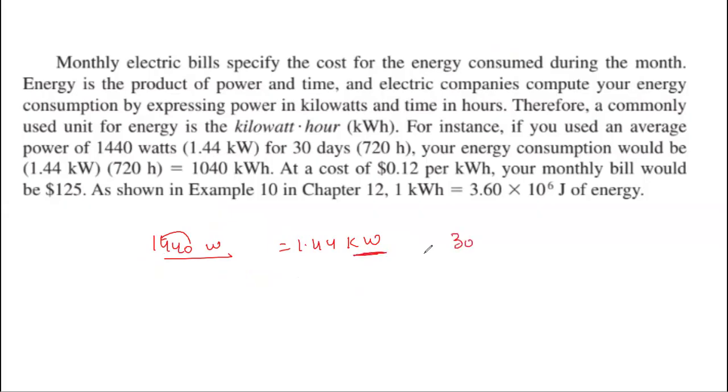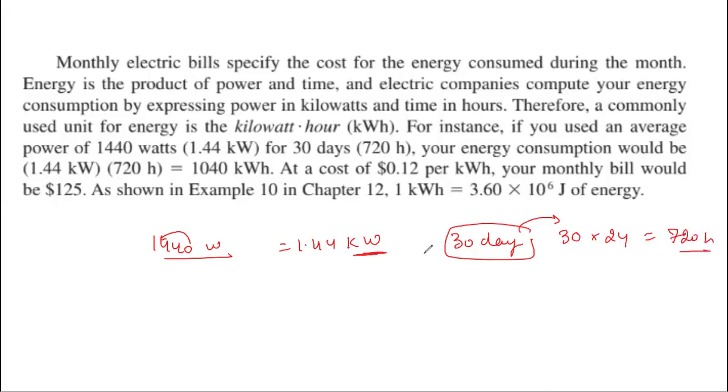And then this is a monthly bill, let's say, that contains 30 days. And because you're talking about hours, so 30 times 24, that would be 720 hours, right?